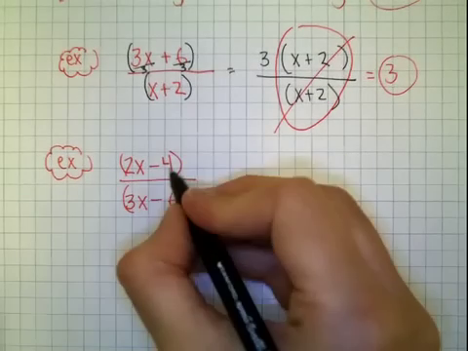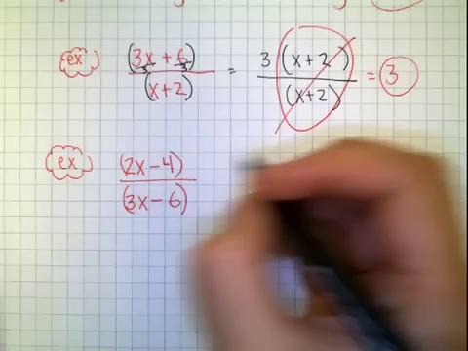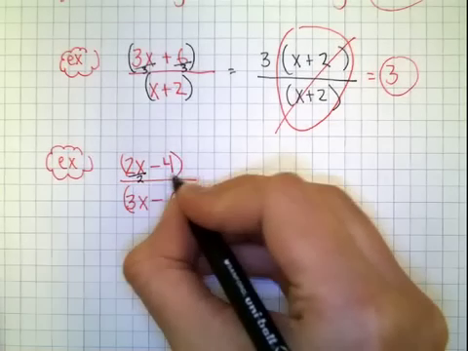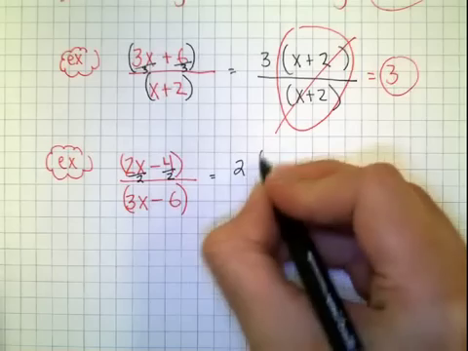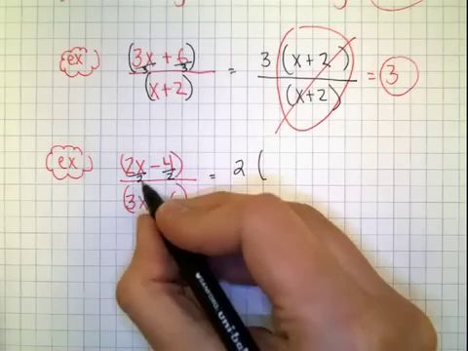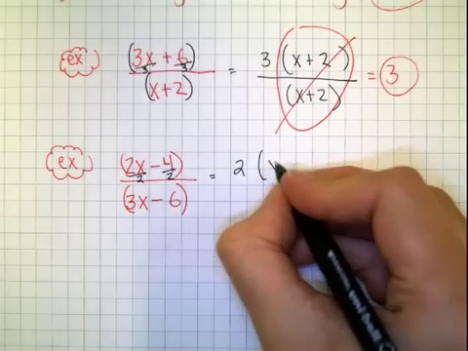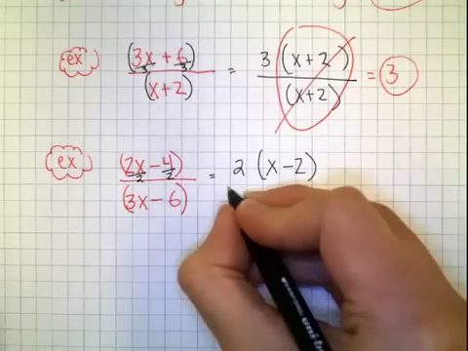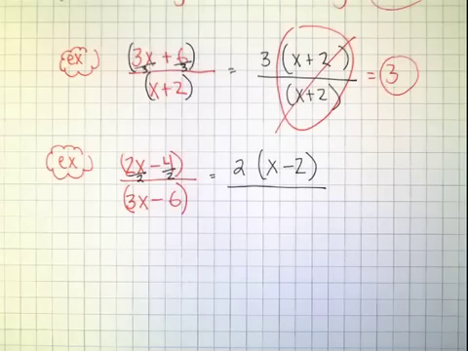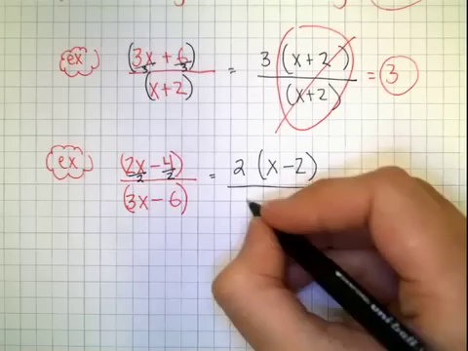What can I pull out of 2 and 4? What do they both divide by? Well, they divide by 2. So if I pull out a 2, what's going to be left over? 2 divided by 2 is 1x, minus 4 divided by 2 is 2. So that's what's left over. On the bottom, if I pull out a 3, what's left over?